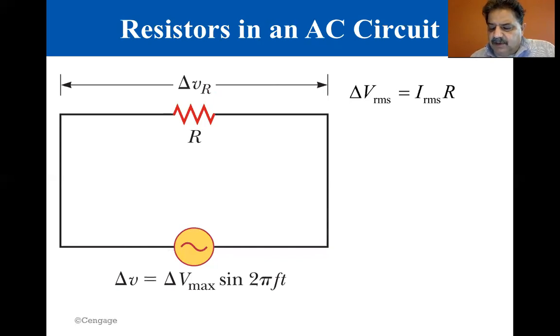This equation is also true if maximum values of current and voltage are used. So we can use delta V rms equals I-rms times R, or delta V max equals Imax times R. Okay, this ends the resistors in an AC circuit section.